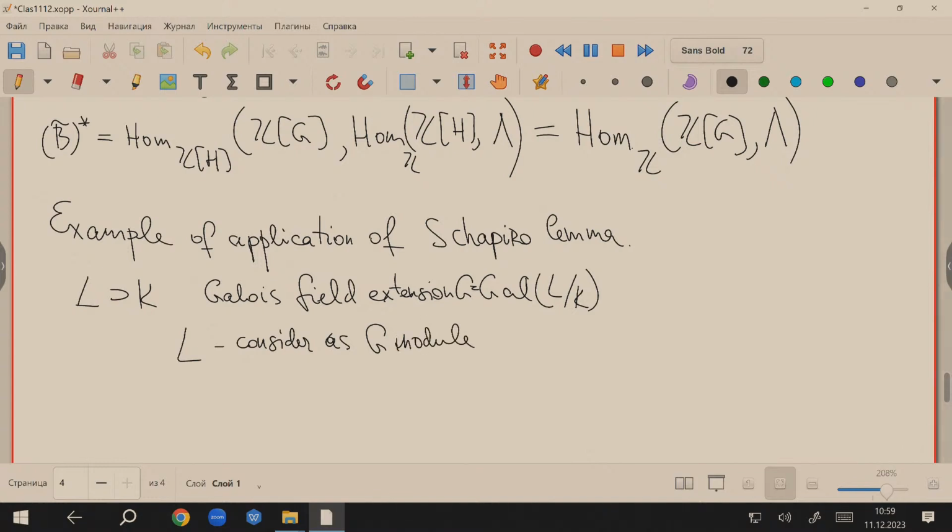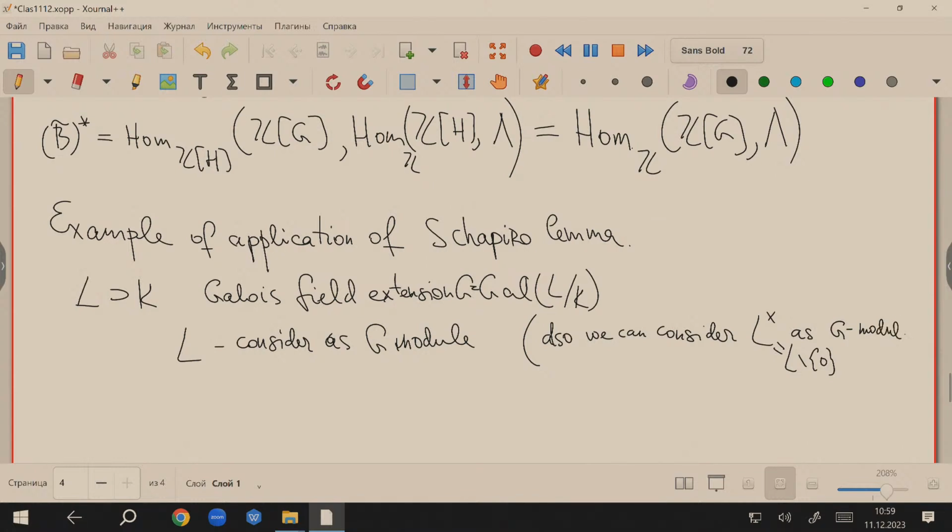And also you may take the multiplicative group L star, L without 0, as a G module.